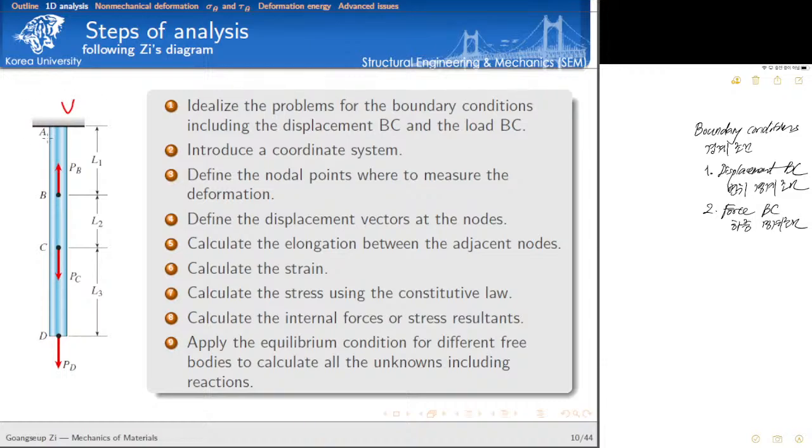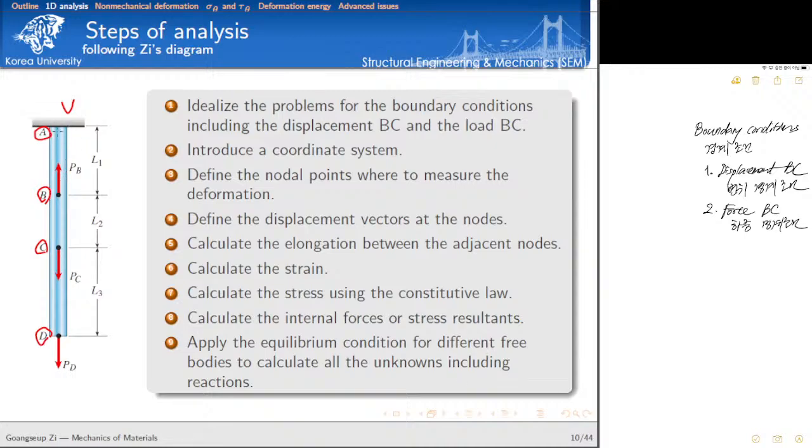So first we need to identify the points where we want to measure the nodal displacement. I would like to measure the nodal displacement at A, B, C, and also at D. And if I check the boundary condition, we always have two different kinds of boundary conditions.